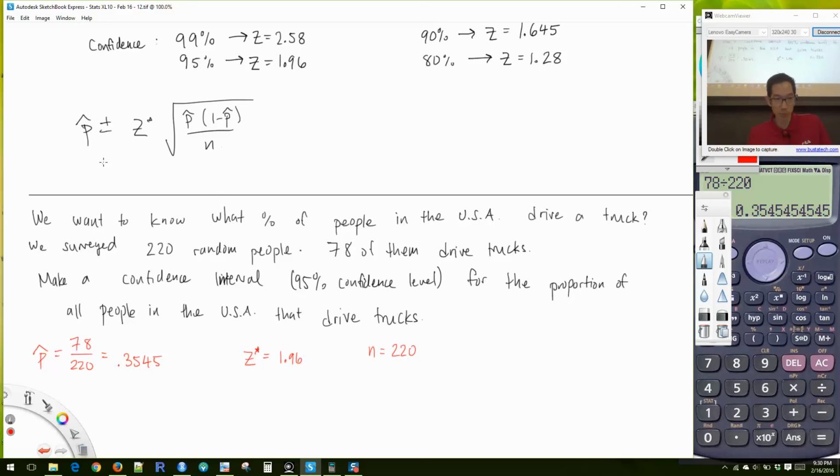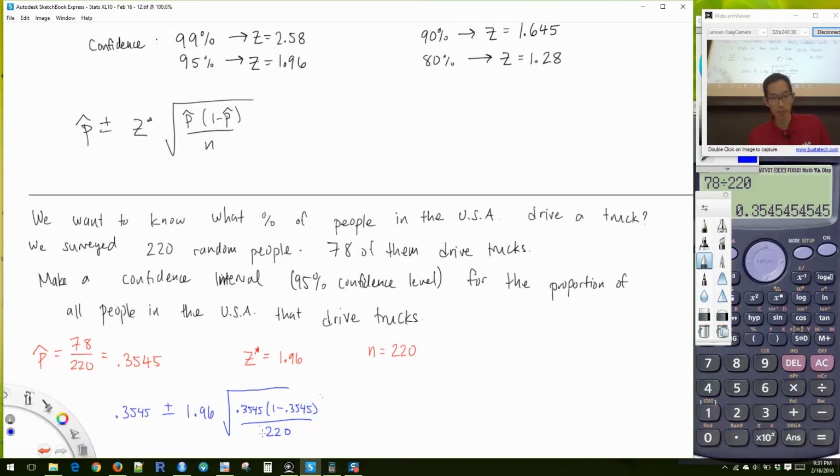So I'm going to just plug all of these values into this equation here. I got 0.3545 plus or minus z star 1.96 times the square root of 0.3545 times 1 minus 0.3545, divided by 220.